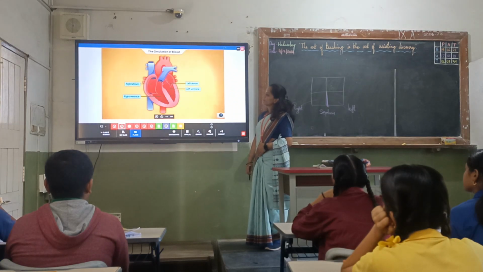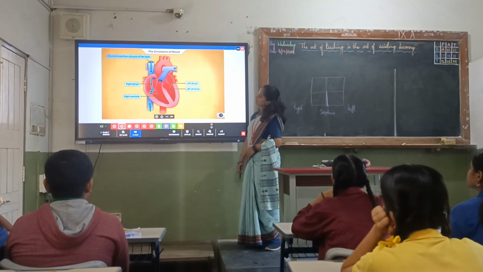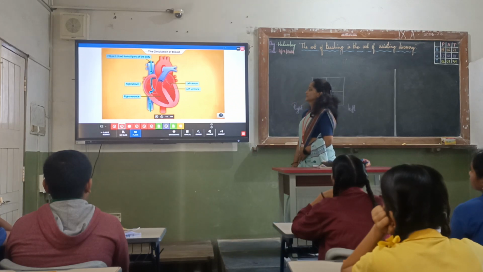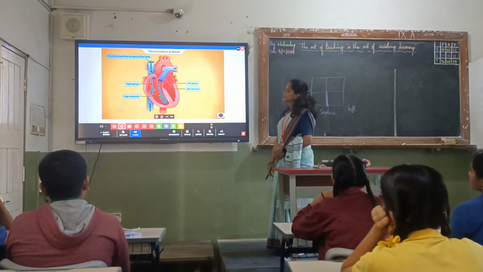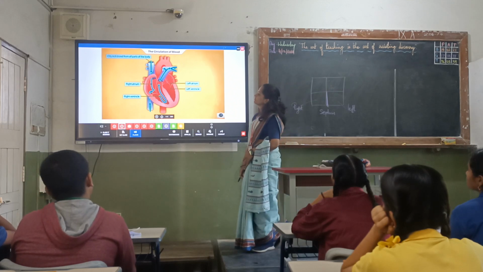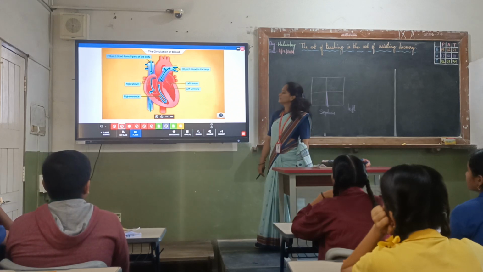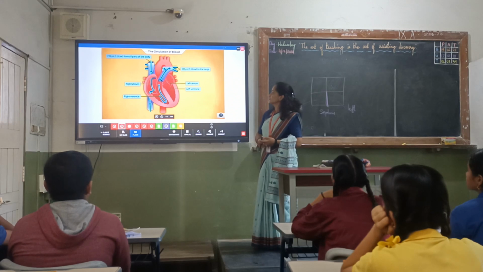Superior and inferior vena cava bring carbon dioxide rich blood from all parts of the body to the right atrium. The right atrium contracts and sends this blood to the right ventricle. The right ventricle then contracts and pumps the blood into the pulmonary arteries, which carry this carbon dioxide rich blood to the lungs. The lungs enrich the blood with oxygen.